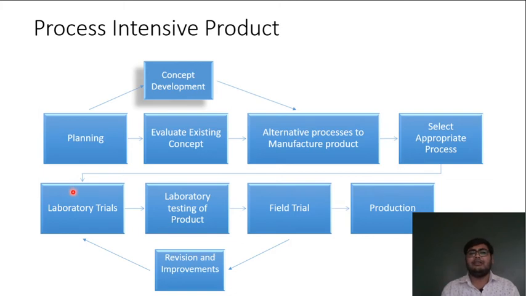We do some trials in labs to make sure that our product is okay and the constitution of the product is as we have planned, and it does not have any side effect. Once the laboratory trials and laboratory testing of the product is finished, we do field trials. Field trials make sure that our laboratory testing or laboratory trials are true and it does not have any variations. After field trials, revision and improvements if necessary are done, and if not, then we will go into the production phase.